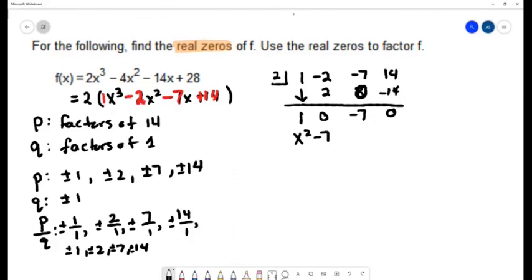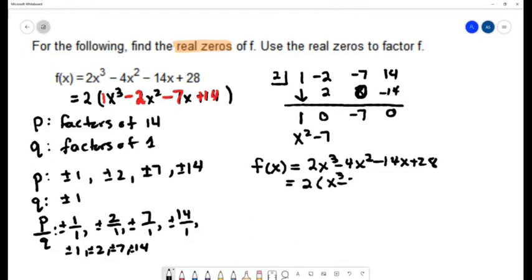So now we started off with f of x equals 2x cubed minus 4x squared minus 14x plus 28. We factored out that 2 to get x cubed minus 2x squared minus 7x plus 14. And then I factored out x minus 2.